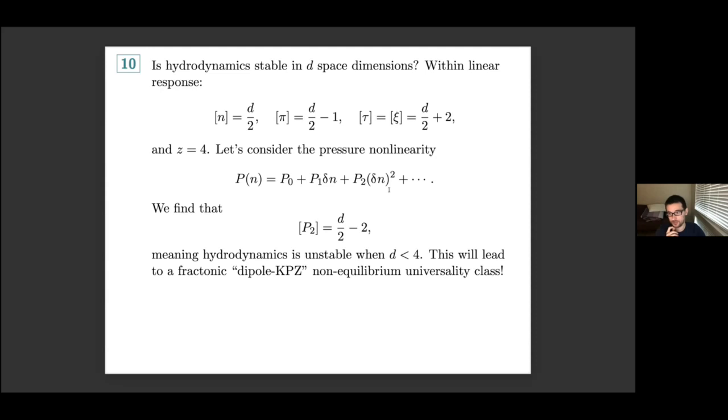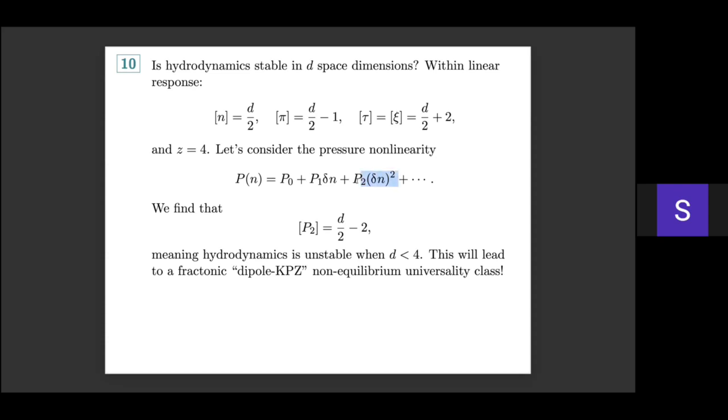But this density nonlinearity that you are getting here gives rise to the usual mode coupling theory of glass, the density nonlinearity, delta n square in the pressure term in the usual fluid. That's what gives rise to the mode coupling nonlinearity. So this P2 term, both for the ordinary fluid and for us, is the most important nonlinearity. But the usual t to the power minus half comes from the momentum nonlinearity.